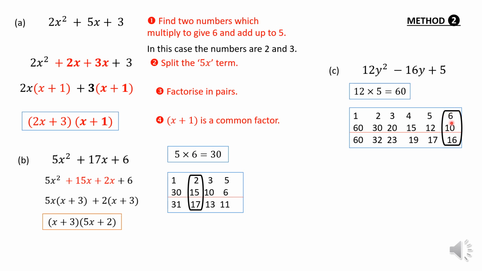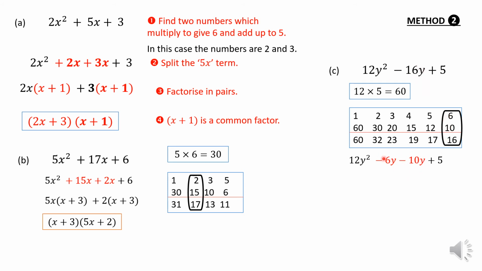The two numbers must be negative 6 and negative 10. Because negative 6 times negative 10 gives you 60, and negative 6 plus negative 10 gives you negative 16. Okay? But there will be a place where I'm going to put negatives, especially when the constant is negative. Right, so I split the value of 16y in the middle to minus 6y and minus 10y.